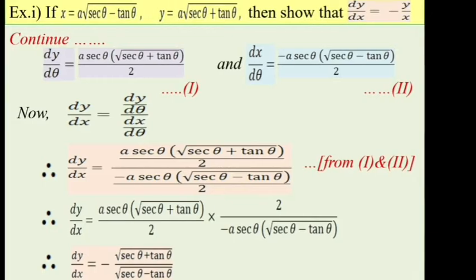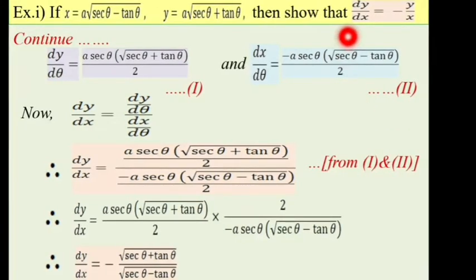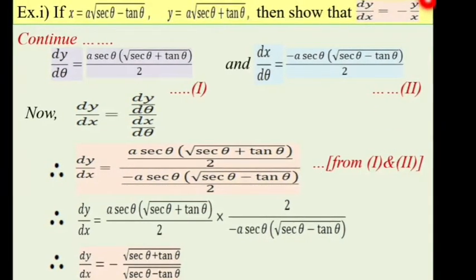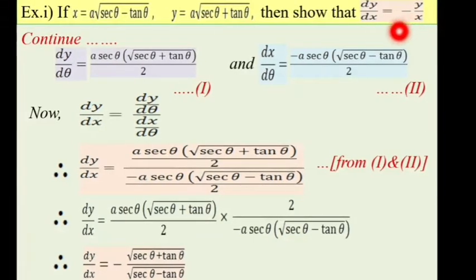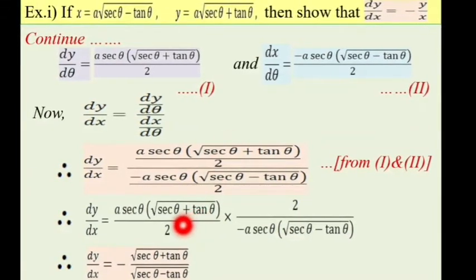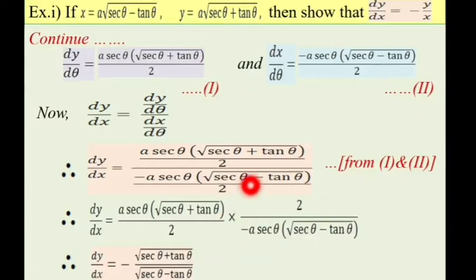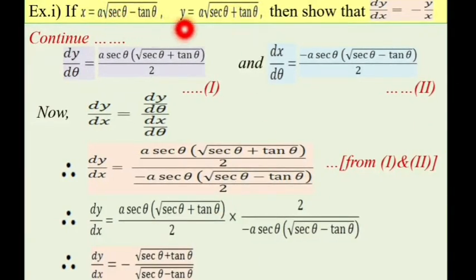But in our proof here we have to show that dy by dx equal to minus y upon x, and therefore substitute the values of root of sec theta plus tan theta and root of sec theta minus tan theta from these two equations.